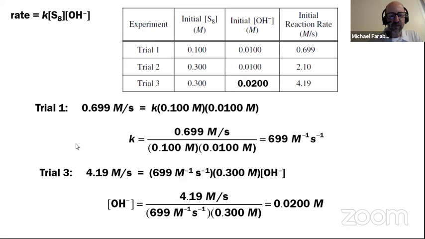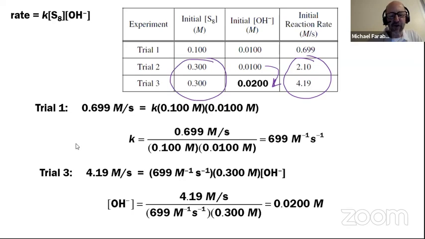It was a fine way to solve it, but take a look at this comparison between trial 2 and 3. These concentrations did not change. The rate was doubled. We already know it was first order with respect to hydroxide because they told us that. So you could have just done the following.